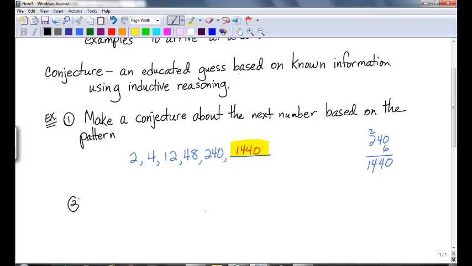Another type of problem. For the points L, M, and N, remember, for points you're using uppercase letters.